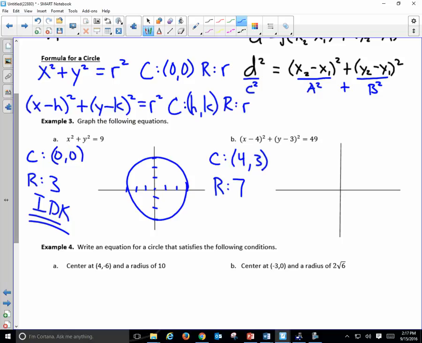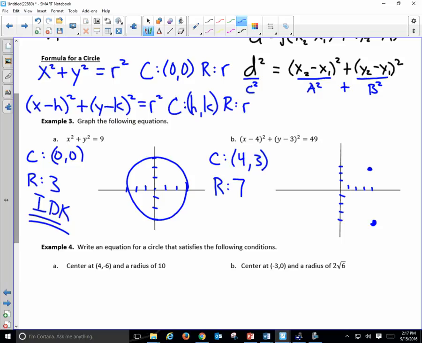Yep, I'll give that formula to you on the test. So we'll plot 4, 3. 1, 2, 3, 4. 1, 2, 3. And then, I'm not going to have you be super exact with your circles, but I'm going to try to have you make a best guess here. So if I go 7 units down, that will bring me all the way down to -4.